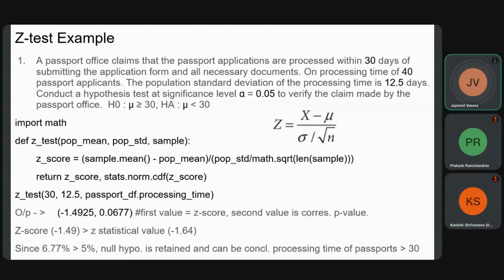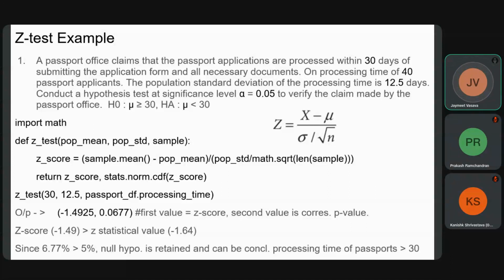So we'll be understanding z-test with an example of passport applications being submitted and processed within 30 days. So let's read out the question first. A passport office claims that the passport applications are processed within 30 days of submitting the application form and all necessary documents. On processing time of 40 passport applicants, the population standard deviation of processing time is 12.5 days.